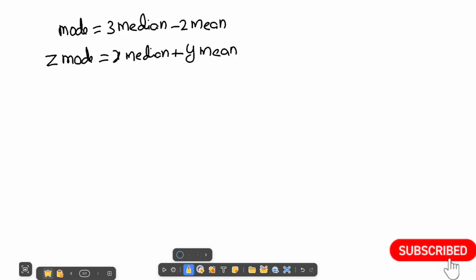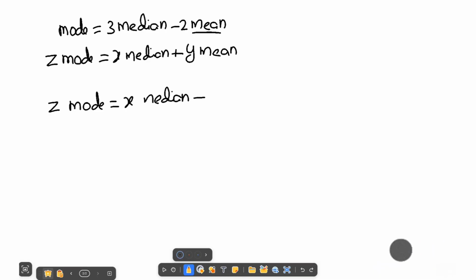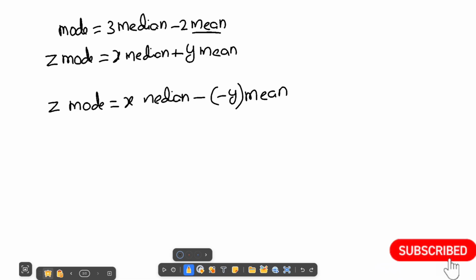To compare, the sign should be the same. Here we have minus, here we have plus. The coefficient of mean here is minus 2, and here we have plus y. Let's make this plus y into minus. How is it possible? Z mode equals x median, and I can write this plus y as minus of minus y mean.